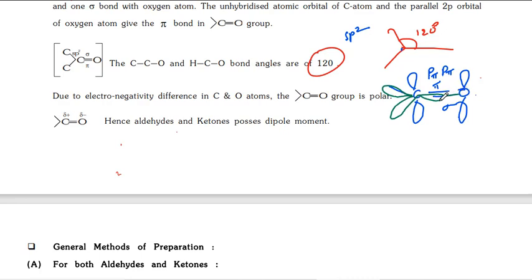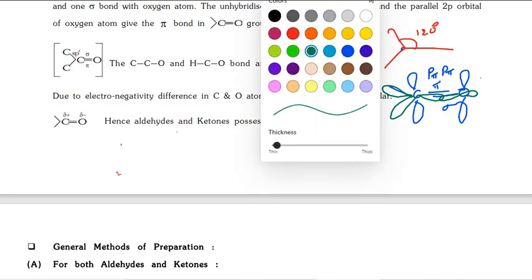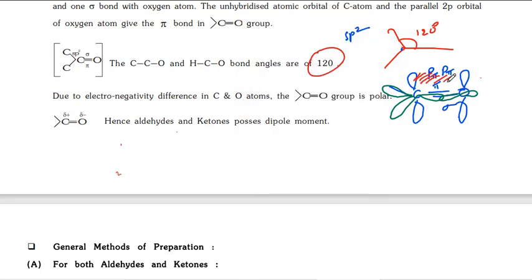Orbital diagram. Here these pi bonds are overlapping. This one is unhybridized.